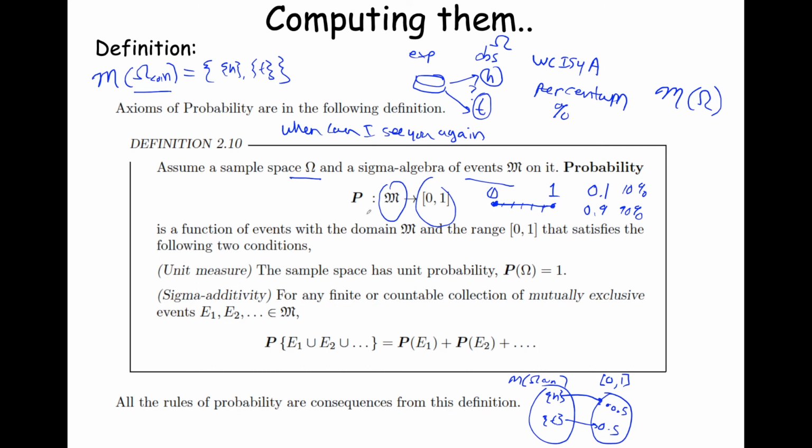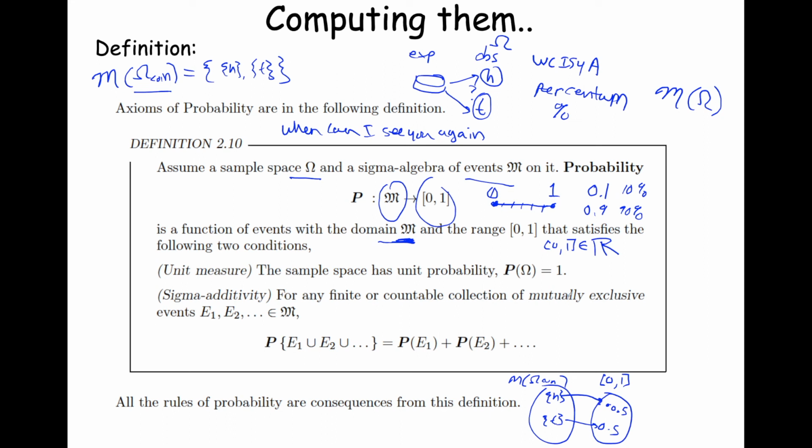So it's a function of events. The domain of this function is the set of possible combinations, our sigma algebra, under consideration. And the range is a closed interval in the real number line between 0 and 1. So more formally, you'd write [0, 1], including endpoints, a subset of the set of real numbers.